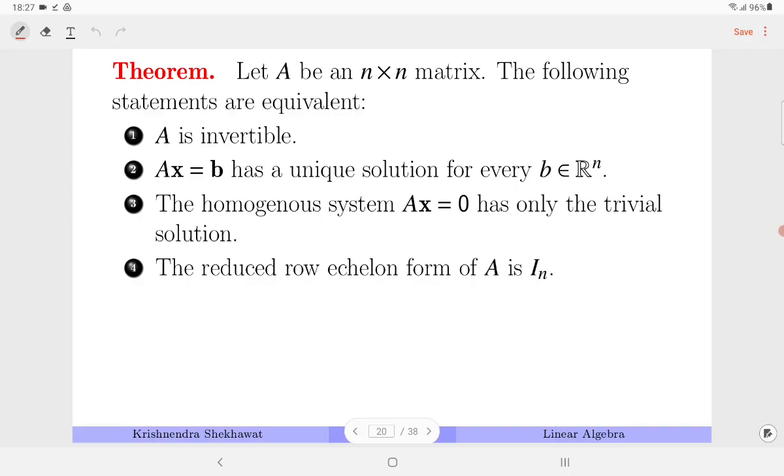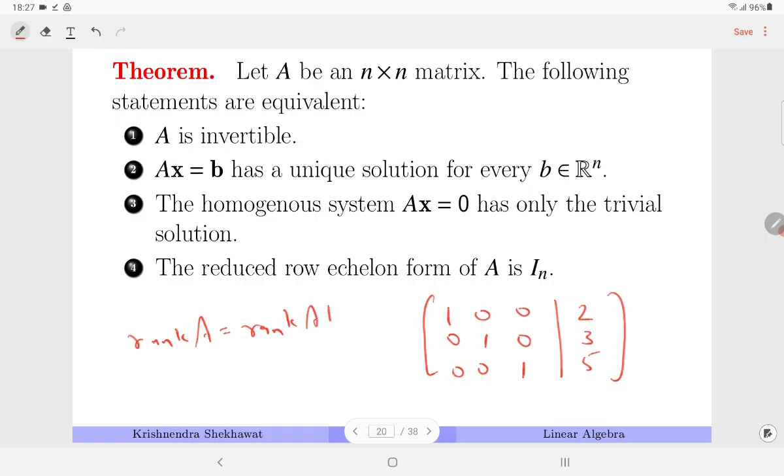And in this case, the RREF of A is always the identity matrix. So you can see, whenever we are getting the unique solution, then you can remember that rank A is equal to rank AB is equal to n, and because of which, since it is n, there are n pivot entries, above and below all entries are 0, and therefore RREF of A is identity.